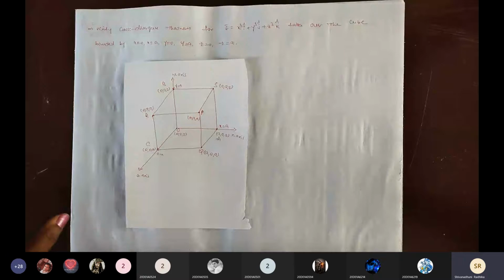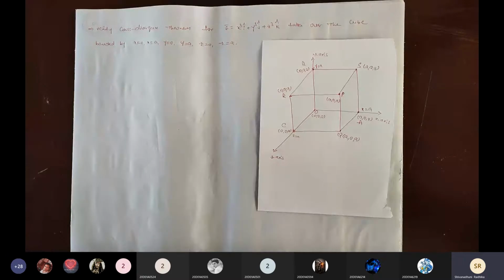Okay, just leave it. Now we are going to show LHS equals RHS of the Gauss divergence theorem. Now see, what is the Gauss divergence theorem?